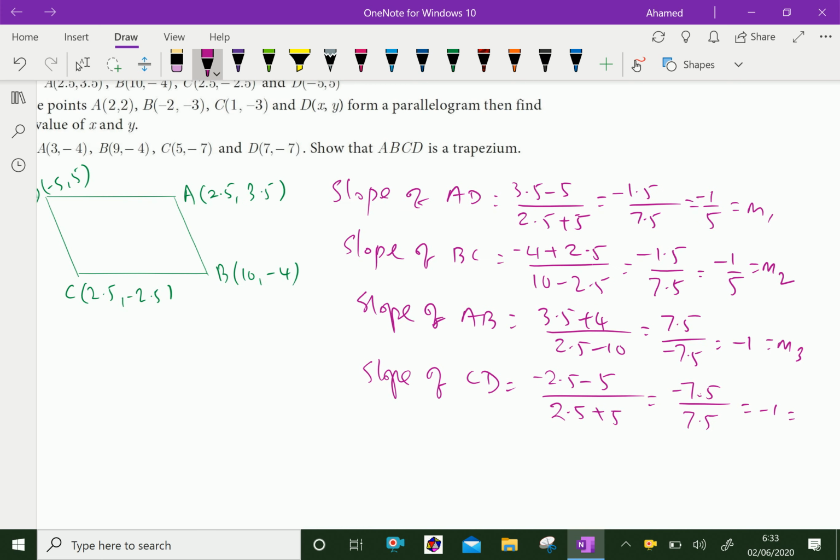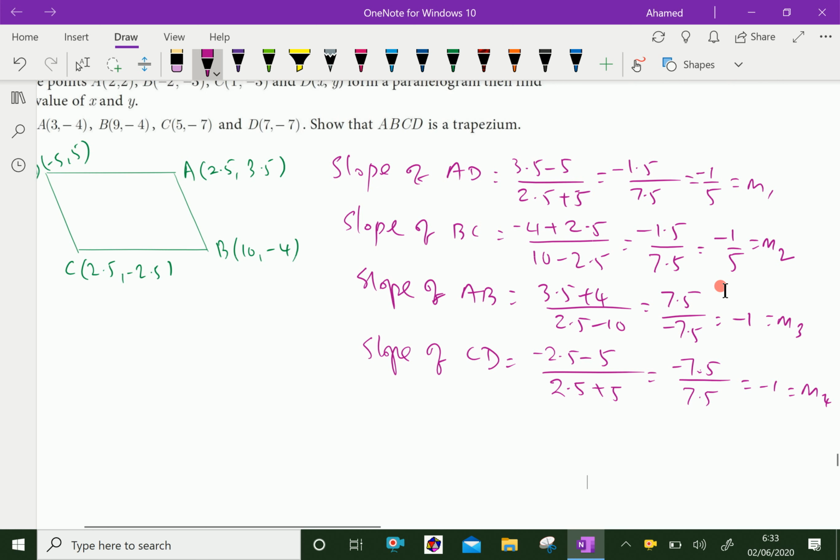Let it be m4. Now look at these slopes. m1 is 1/5, m2 is 1/5, which means both slopes are equal here.